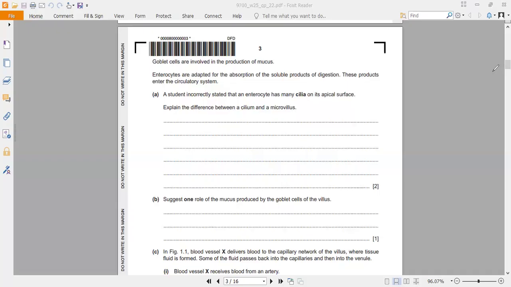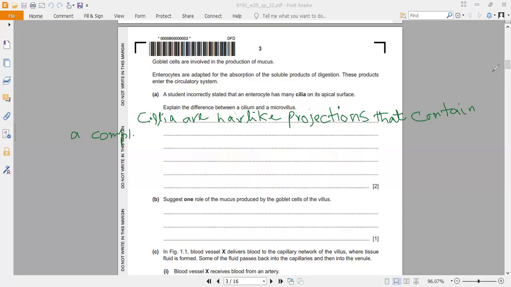So the cilia are hair-like projections that contain a complex arrangement of microtubules.